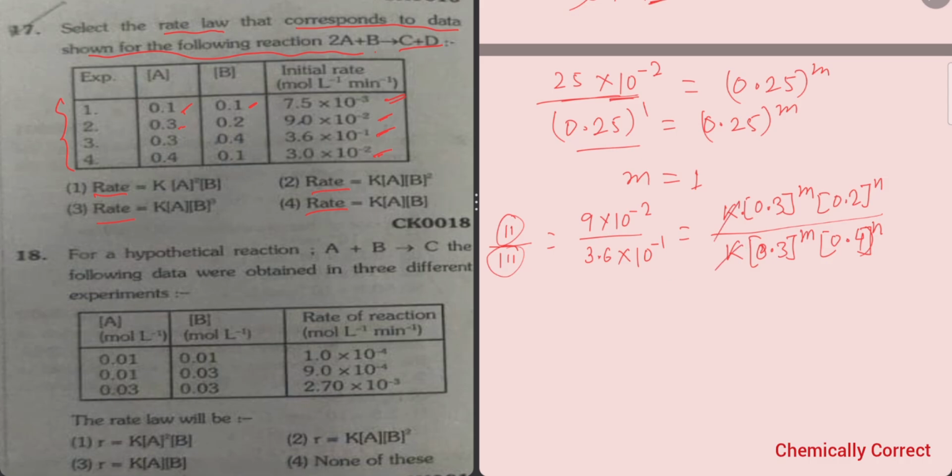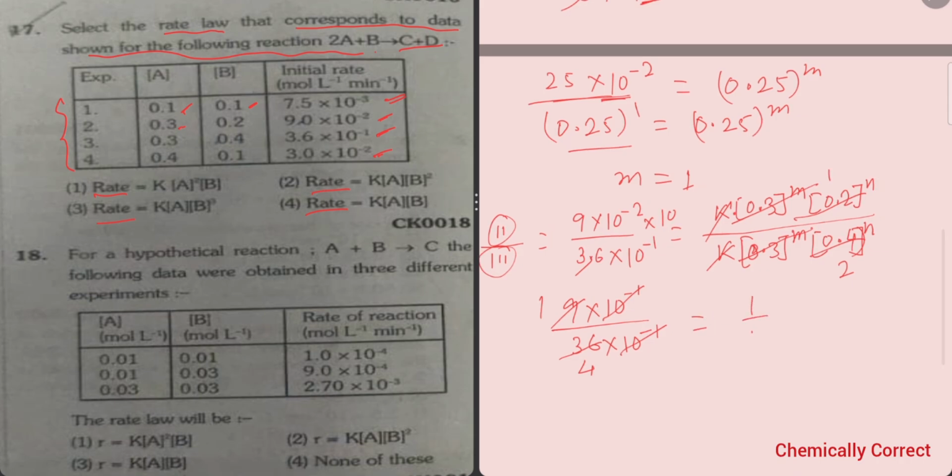Now k cancels with k, and 0.3 to the power m cancels with 0.3 to the power m. So 9 into 10 raised to the power minus 1 over 36 into 10 raised to the power minus 1, the powers of ten cancel, and 9 over 36 is 1/4. On the right, we have 1/2 raised to the power n.